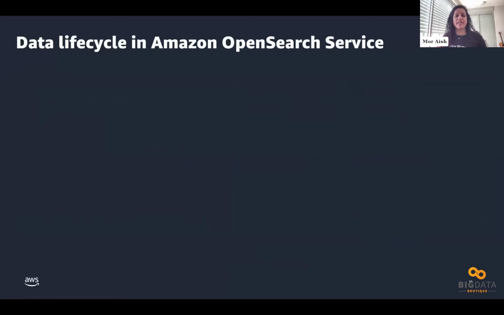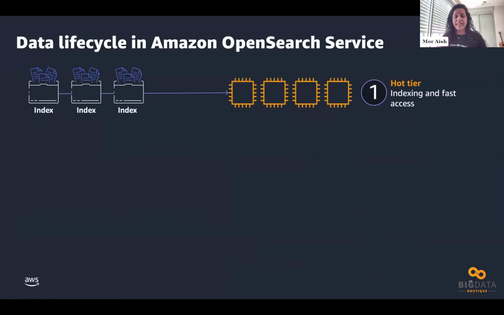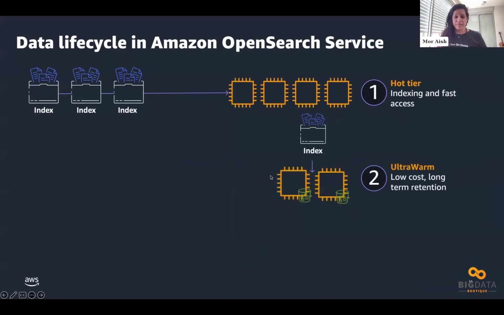Now let's put it all together. So the data ingested into OpenSearch goes into the hot tier by default, as we said. Now let's say that after 7 days, we no longer need to query it as frequently as before. So after 7 days, we can move the older data into the ultra warm storage for, let's say, a period of 2 months, after which it can go to the cold storage because we have a regulation compliance requirement to save it for another year.